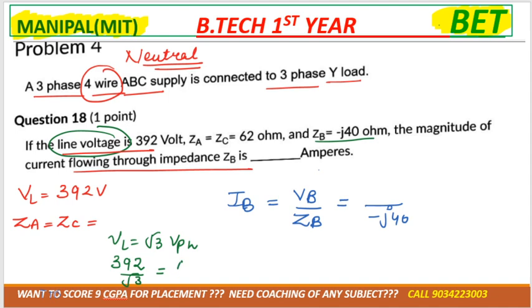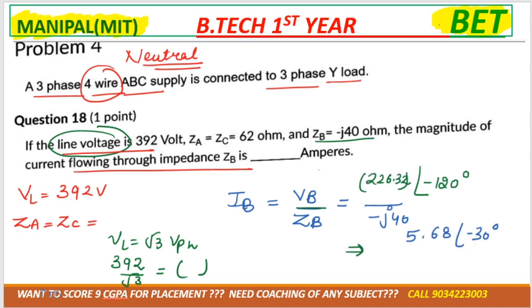You get the magnitude for the B phase. The angle is how much? Minus 120 degree. Calculate how much 392 by root 3 is. Now after solving we'll get VB and IB.